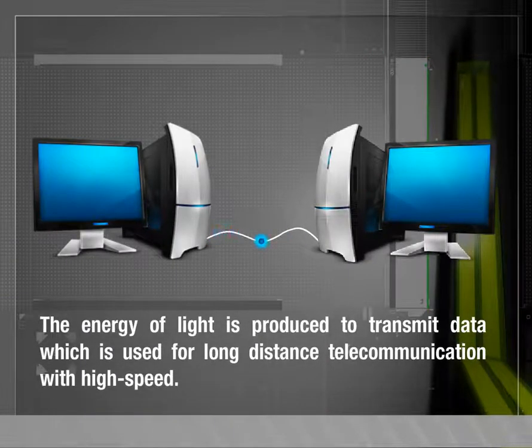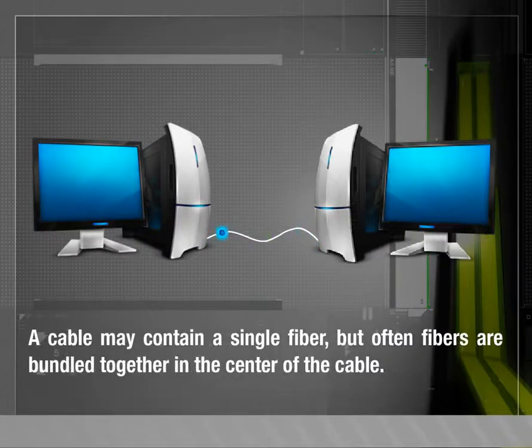The energy of light is used to transmit data for long-distance telecommunication with high speed. A cable may contain a single fiber, but often fibers are bundled together in the center of the cable.